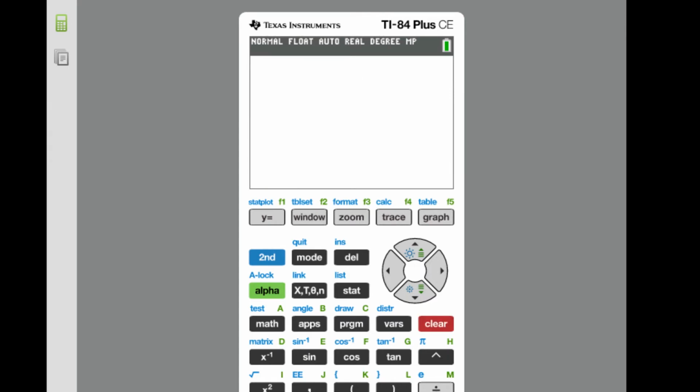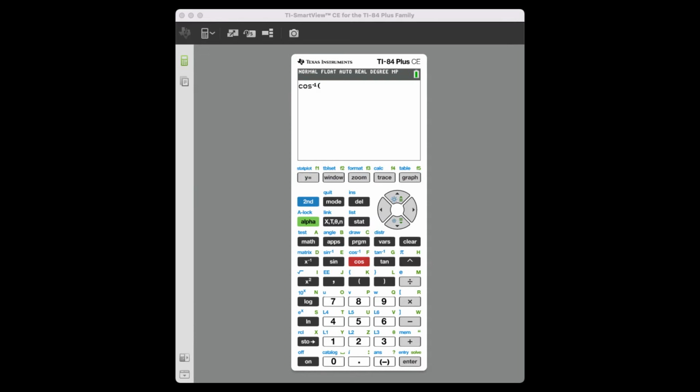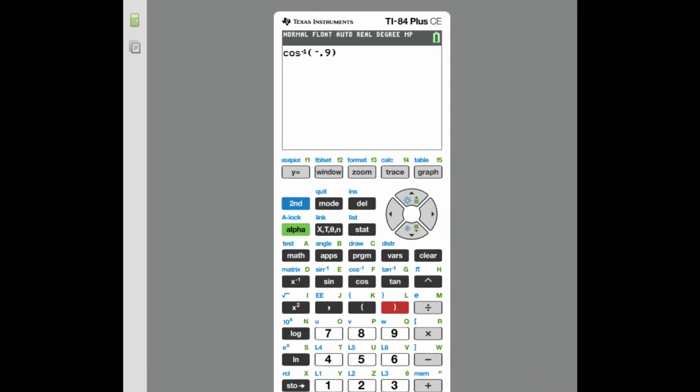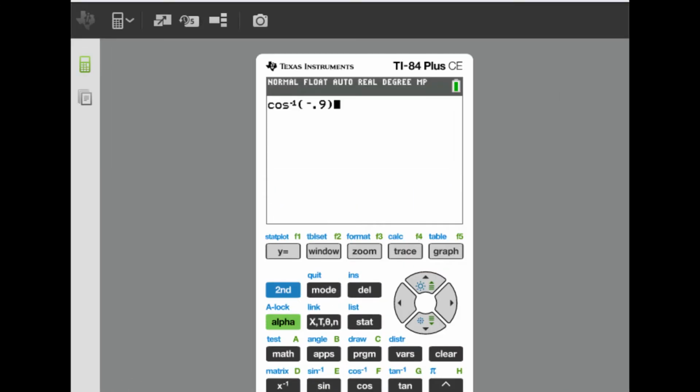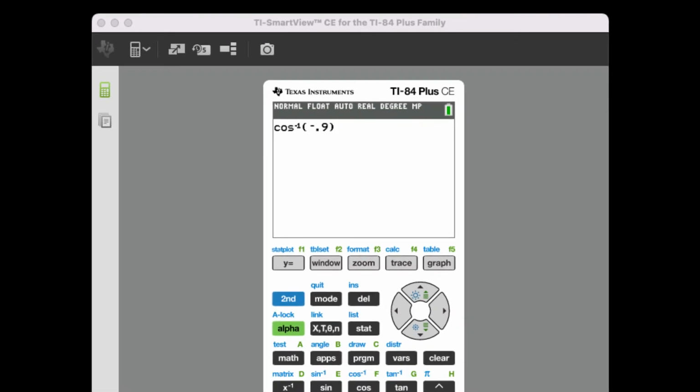So I hit second, inverse cosine. Now at the bottom, don't use the subtraction key. If you do, you'll get an error. This is negative 0.9, and close that. So in this TI, and I like the TIs, there we are. Now, what do you get?